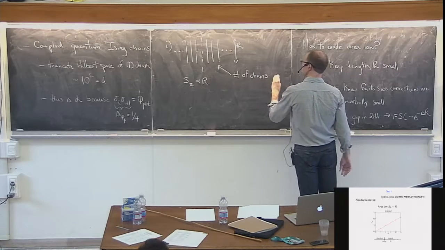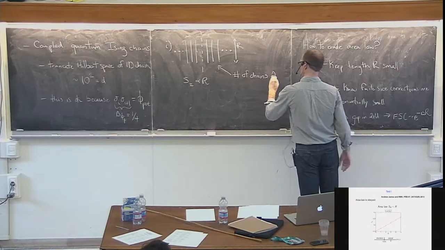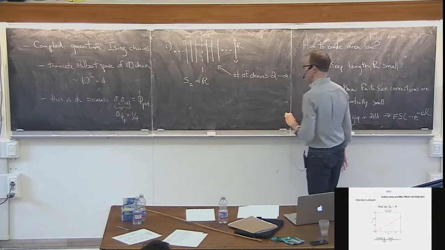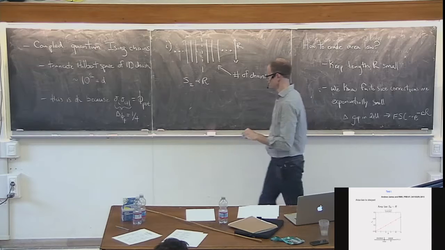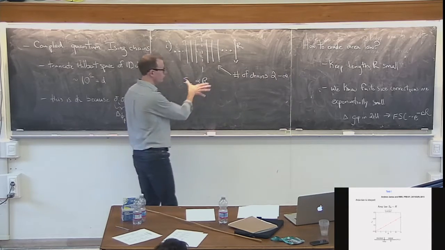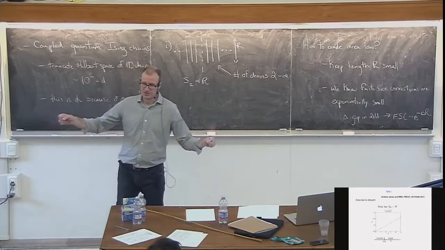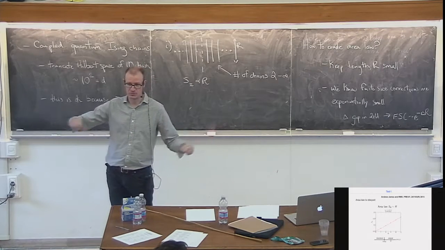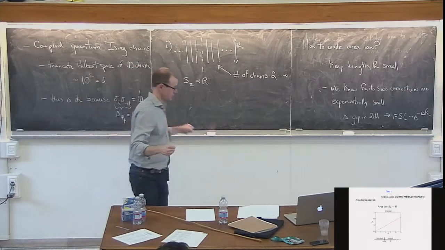You can have anywhere from 2 to infinity. So at least in one direction of your two-dimensional system, you can go to infinite volume. Not in the other direction, but at least in one direction.